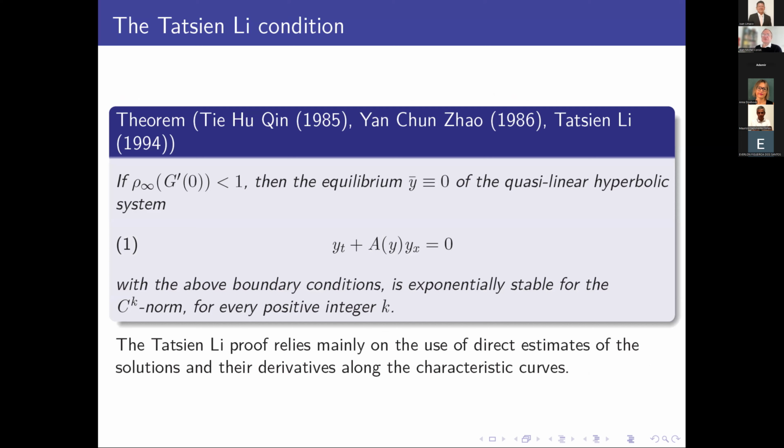This is a very nice result, and the stability is for the CK norm, whatever is k, provided that k is at least equal to 1. And the proof relies on the use of direct estimate on the solution and their derivatives along the characteristic curves. So this is a very important result. You have this sufficient condition for exponential stability for the CK norm.